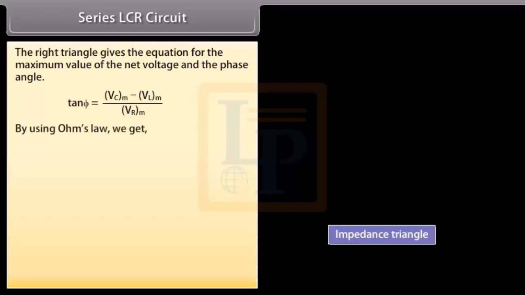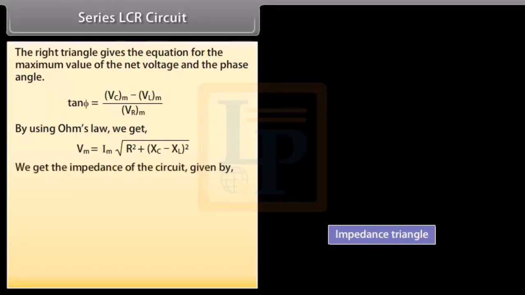By using Ohm's law, we get Vm is equal to Im multiplied by under root of R square plus (XC minus XL) square. We get the impedance of the circuit given by Z equal to under root of R square plus (XC minus XL) square.